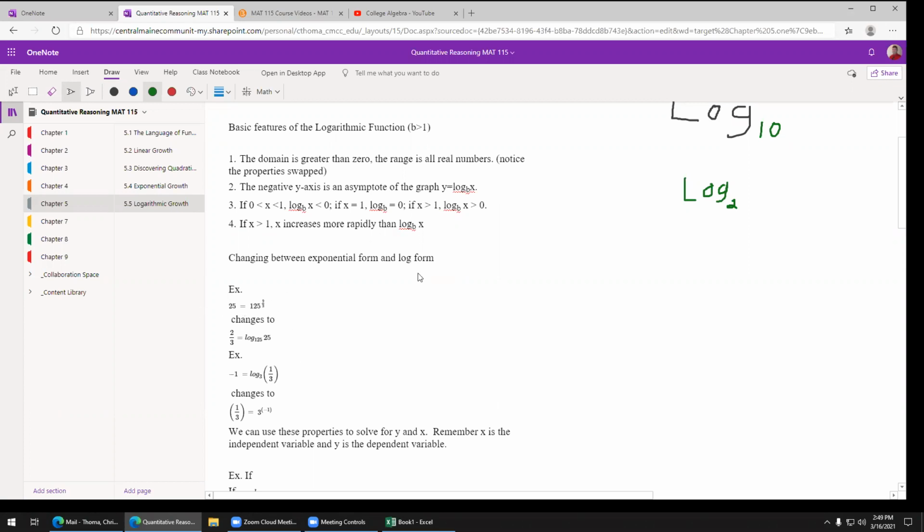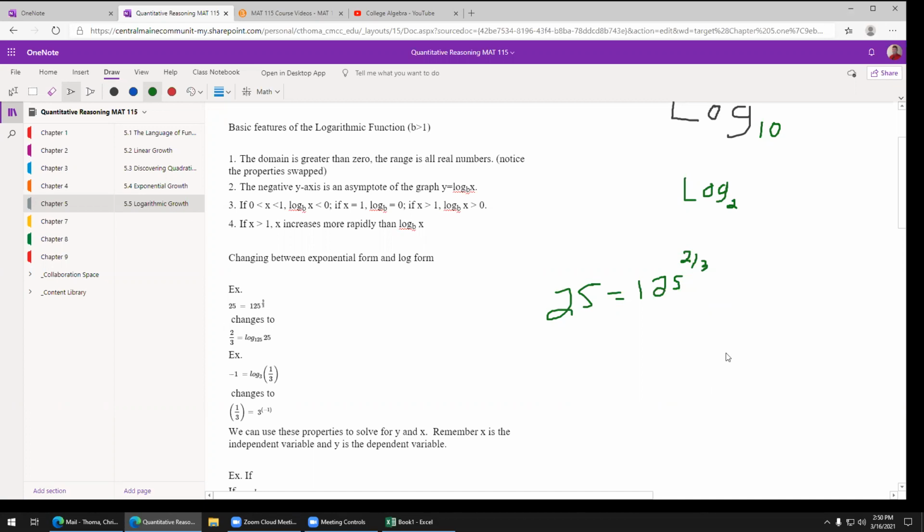So if I want to move things around, if I have 25 equals 125 raised to the 2/3 power, the whole point of this problem is just to see how things move around and you get the same answer. If you actually went to your calculator and typed in 125 and put the exponent to be 2/3, your calculator should, if you have a decent calculator, spit out the answer 25.